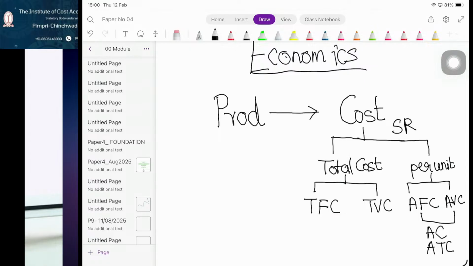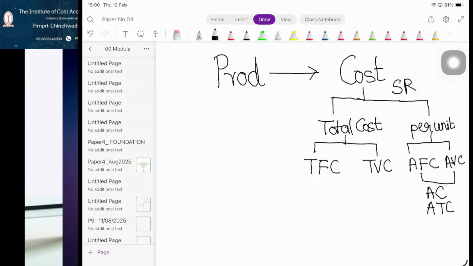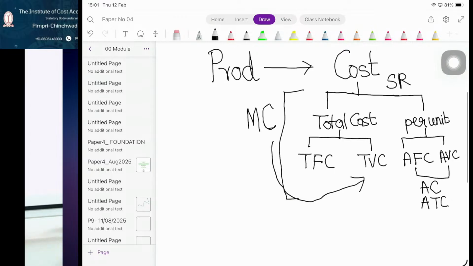Given the cost concepts that we have, there is also some agenda that I have not done, which we want to define: a very important concept called marginal cost. We'll see that this marginal cost in turn has a great influence on all these costs. So we are doing this topic step by step, but ensure that you try to keep this picture in mind.